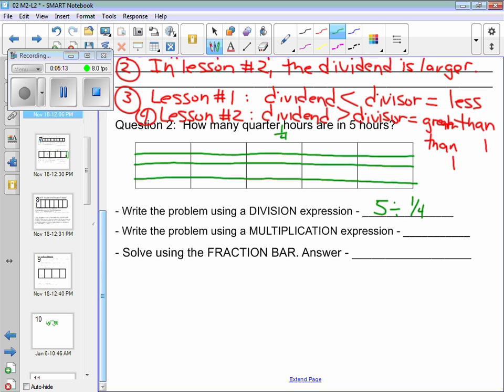Or if you just wanted to divide this up and realize that there's 4 quarters per hour, then we would have 8, 12, 16, and 20. We realize that there are 20 quarter hours in 5 hours. And essentially what we've done is 5 times 4 being 20.